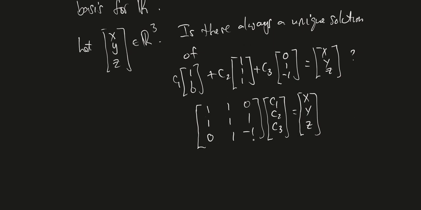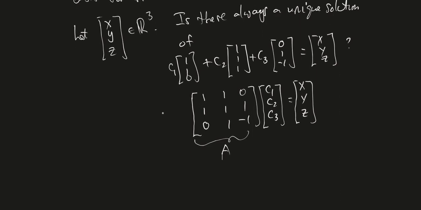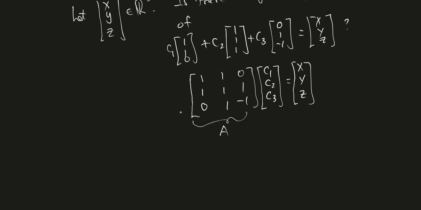This is where we can rely on what we know about the invertibility of a matrix and the determinant. If I call this my A, I know that if the determinant of A is not 0, then the matrix is invertible, and then this matrix equation always has a unique solution. So I don't even have to use Gaussian elimination. I can use the determinant.